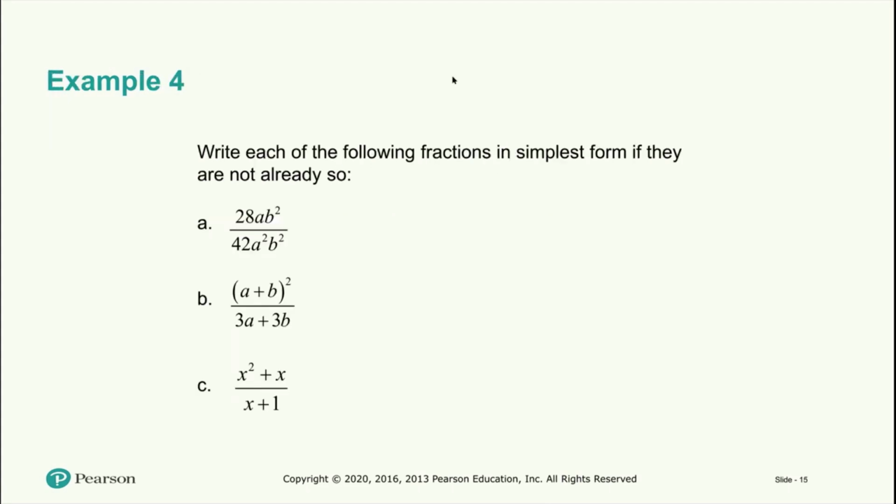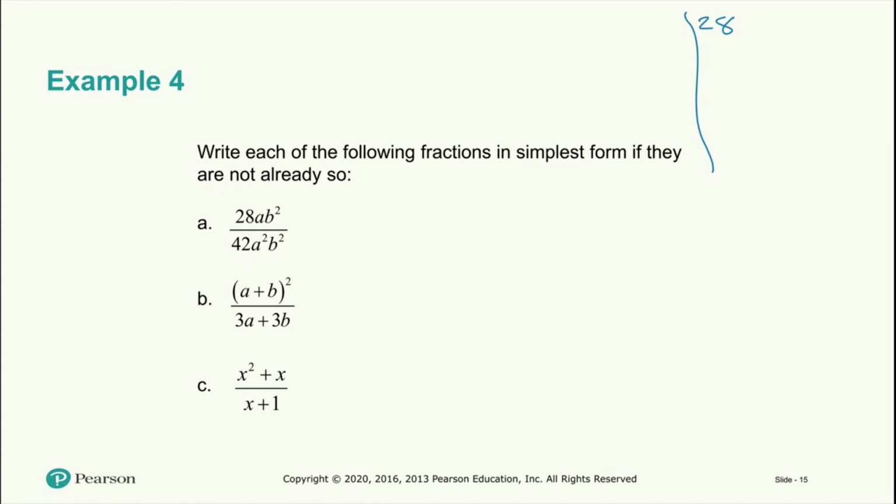All right, so here we have some fractions that we want to simplify and put into simplest form if not already there. So we noticed that in the first one, we have two numbers, 28 and 42. One very efficient way of coming up with the cross cancellations that are necessary is to go ahead and find the prime factorization of each really quickly.